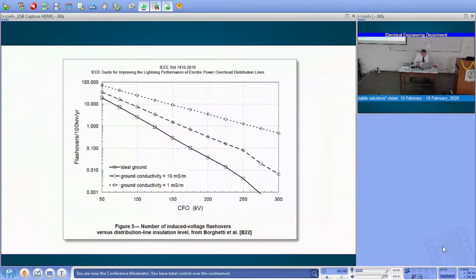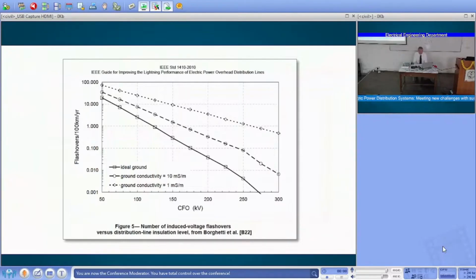Here, it is the critical flashover overvoltage, so practically the insulation level of the line. Here there are the flashovers, and here are the curves associated with the conductivity of the ground, and in particular for induced voltages. And you see that this is for ideal ground, this is for conductivity of 10 millisiemens per meter, and this is the ground conductivity for 1 millisiemens per meter.